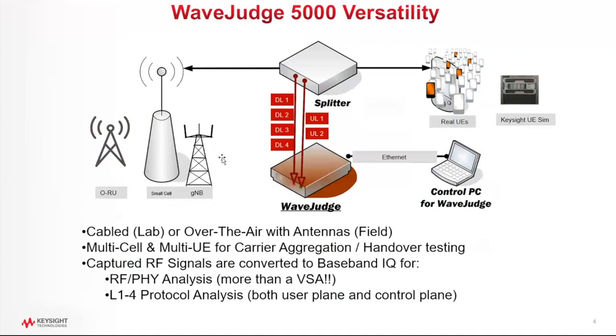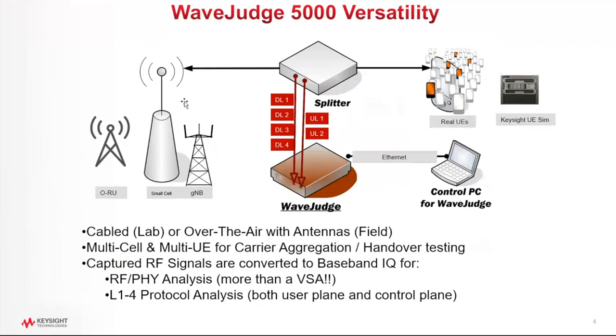Any one of those base station hardware devices will be transmitting a downlink signal towards the UE, and the WaveJudge hardware will capture that RF signal. And then the same thing happens on the uplink. On the uplink, the UE will transmit an uplink signal towards the base station, and the WaveJudge will capture that uplink. And this can be done in a cabled, conducted lab environment.